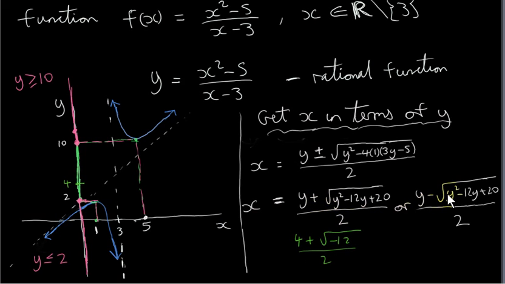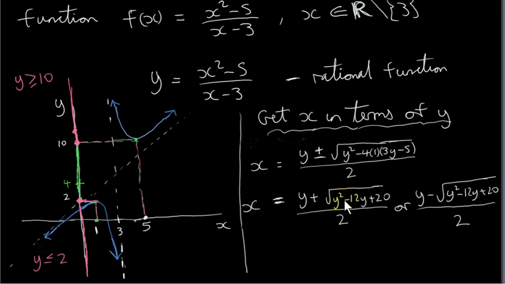Of course, it doesn't matter which of these you plug it into, you get the same here. You get 4 minus the square root of minus 12, over 2. So this is not a real number, because the square root of minus 12 is not a real number. Both of these are actually complex numbers. So as I explained earlier, there is no value of x corresponding to y equals 4.